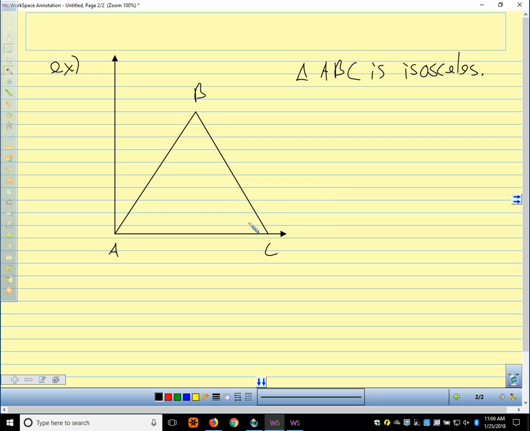And they tell us that this coordinate is 0, 0. This coordinate is 2, 3. And this coordinate is question mark, question mark. And we want to find the missing coordinate.